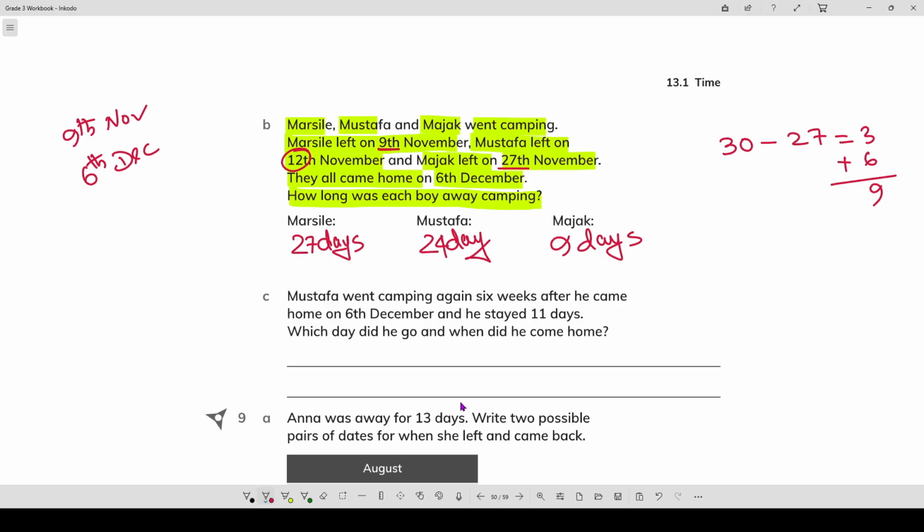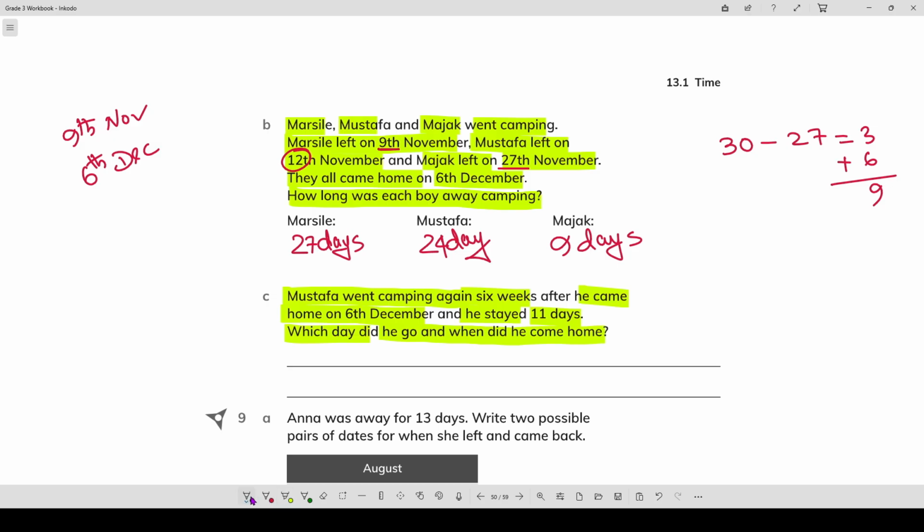Number C. Mustafa went camping again 6 weeks after he came home on 6 December, and he stayed 11 days. Which day did he go and when did he come back? This is very interesting.